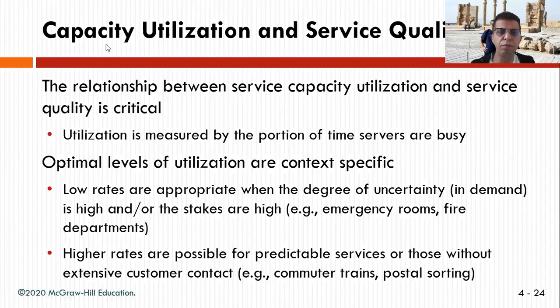Now, the capacity utilization, by the way, we're going to talk more about these in later chapters, and we go into details of how much you need as a product or how many people in the service should be. But the capacity utilization and the service quality, as we said, capacity utilization is what you call efficiency, and service quality is what you call effectiveness.